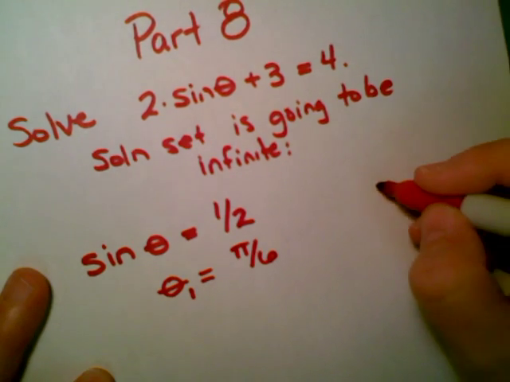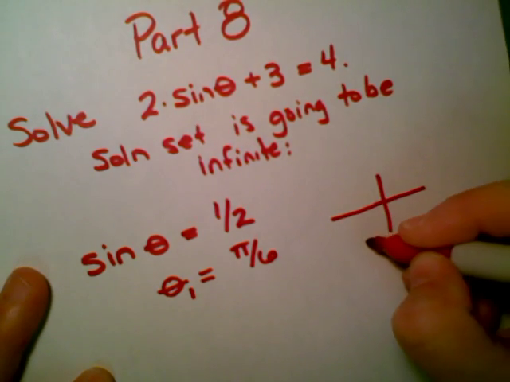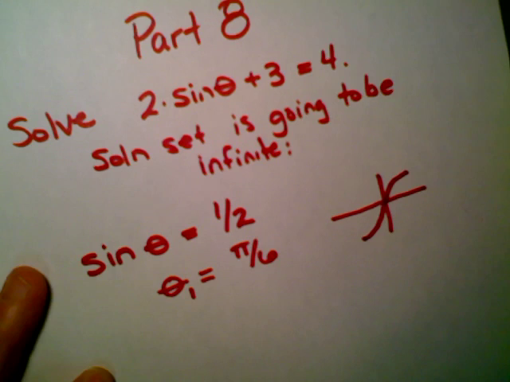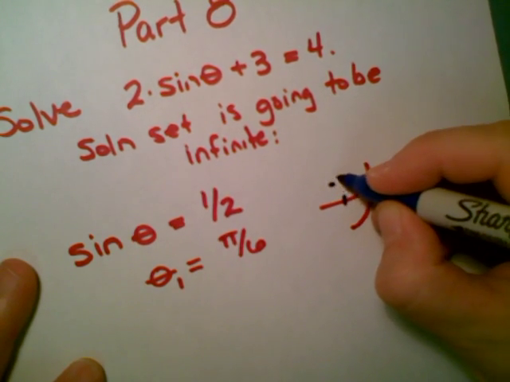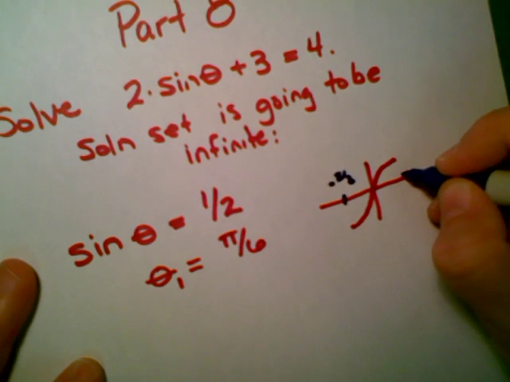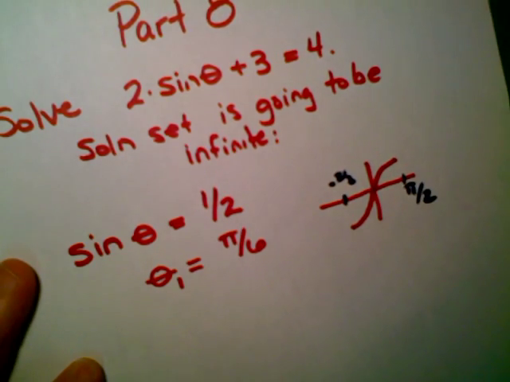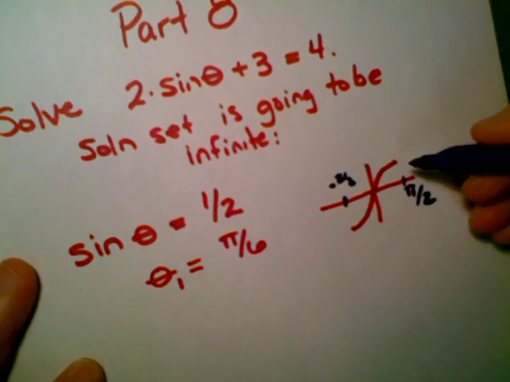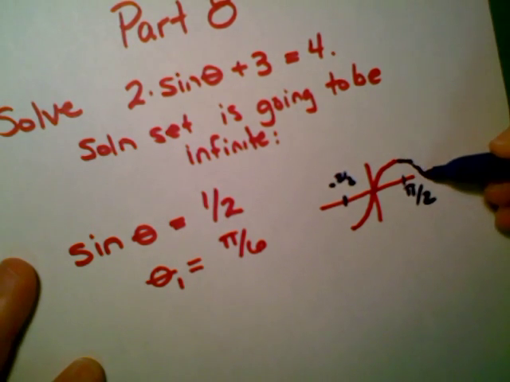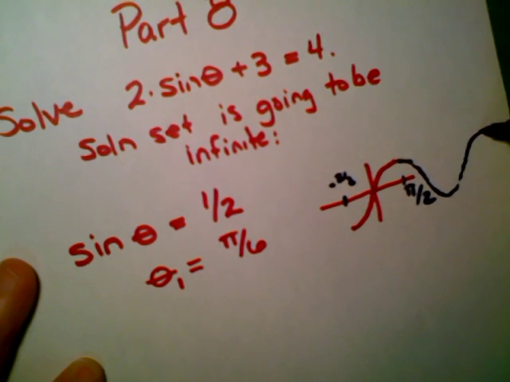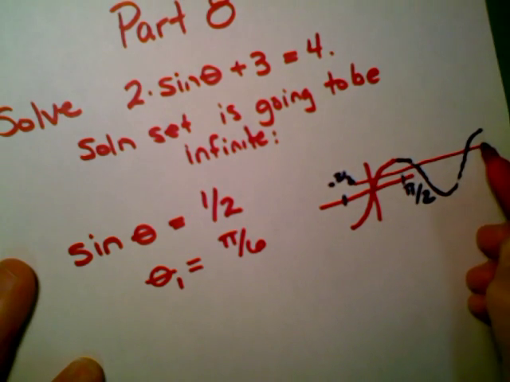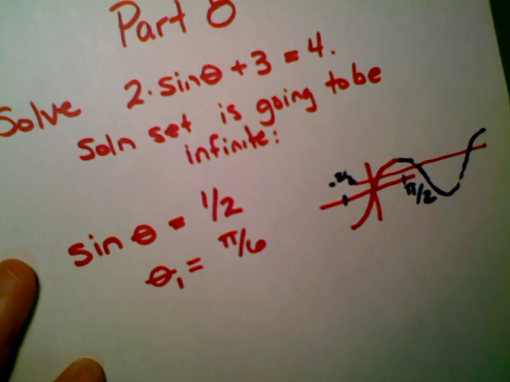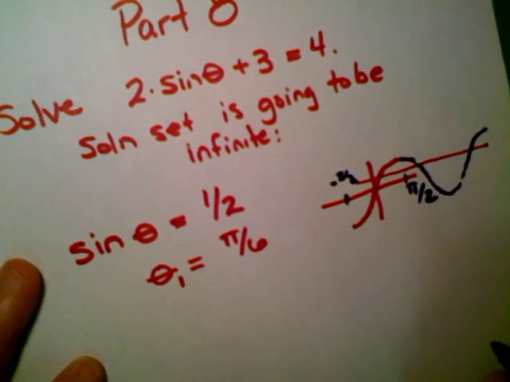And we only got one solution because the calculator only views the portion of sine from negative pi over 2 to pi over 2. Now we have to broaden our view and note that there's going to be infinitely many solutions where the horizontal line 1/2 intersects sine.